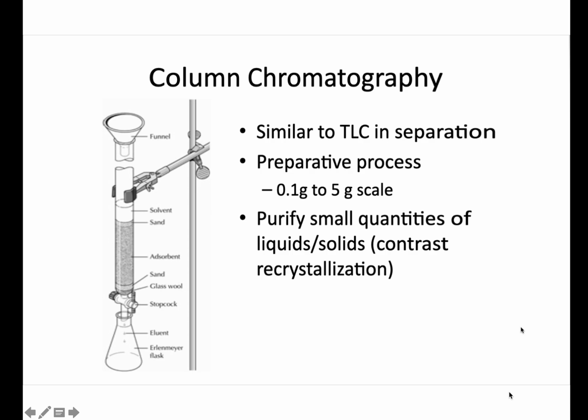To not allow the silica powder to come and elute with the mobile phase and the product. To keep the silica powder fixed in the stationary phase and not allow it to pour off with the solvent, which is the eluent or mobile phase, we use sand and glass wool.